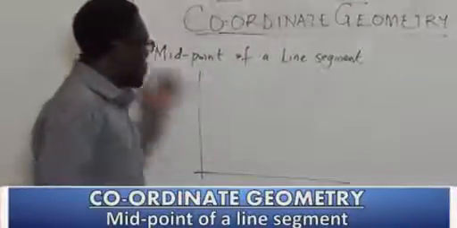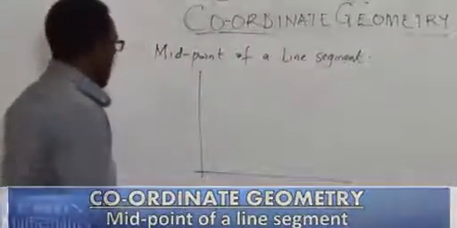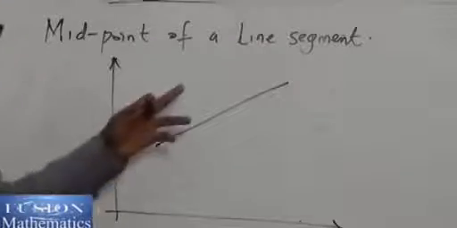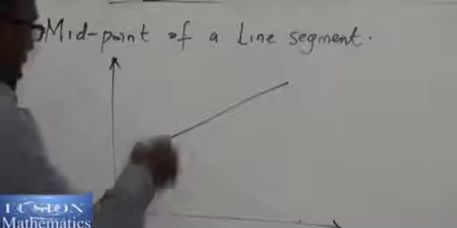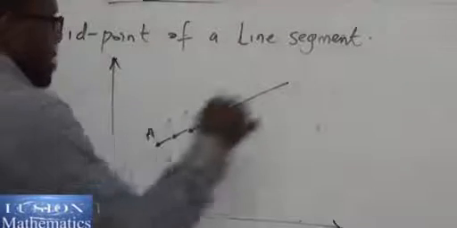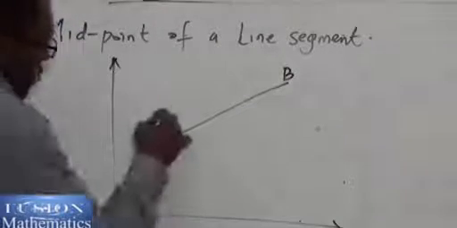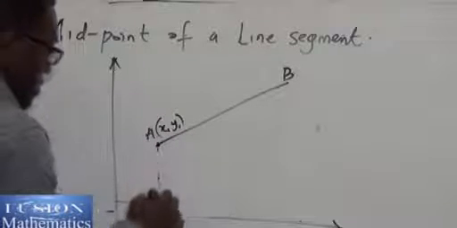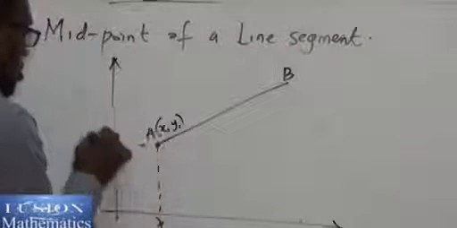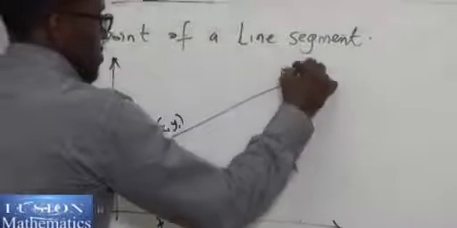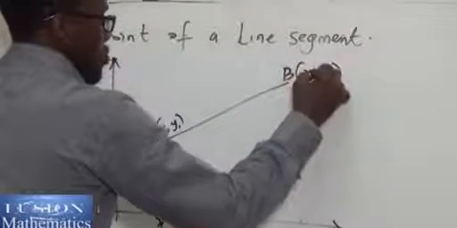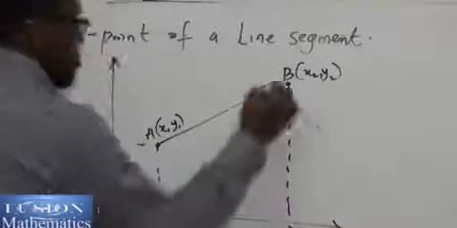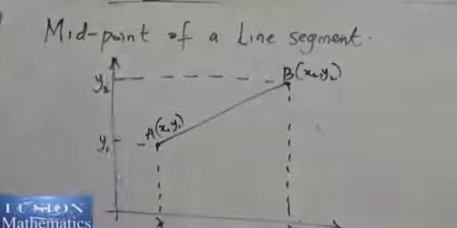Next, we'll be looking at the midpoint of the line segment. Now, back to our two-dimensional graph. If we have a line in a two-dimensional graph, we have a point A here and a point B. We have located the coordinate of A as (x1, y1), and the other point B as (x2, y2).